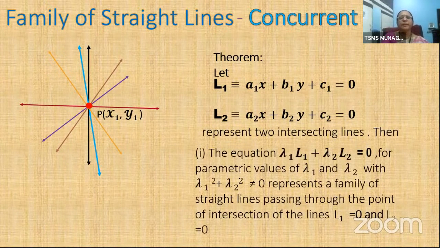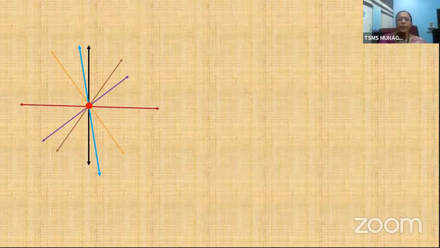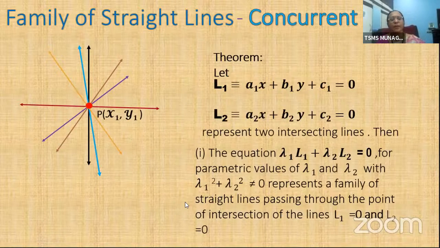There is a statement which says that if L1 is A1x plus B1y plus C1 equal to 0 and L2 is A2x plus B2y plus C2 equal to 0 represent two intersecting lines, then the equation lambda 1 L1 plus lambda 2 L2 is equal to 0, for which the parametric values of lambda 1 and lambda 2 with lambda 1 square plus lambda 2 square not equal to 0, represents a family of straight lines passing through the point of intersection P of x1, y1.